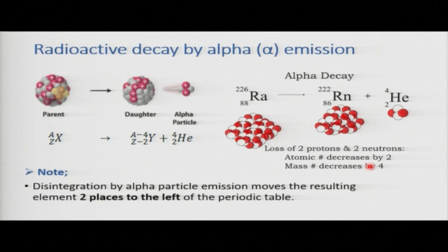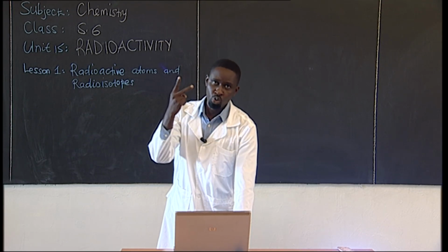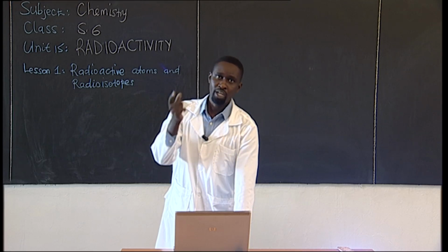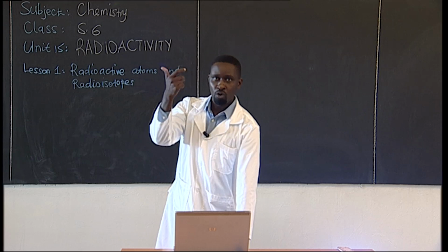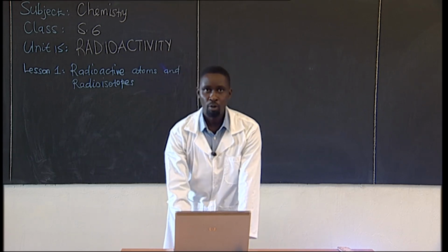So what do you notice? The atomic mass decreases by 4, atomic number decreases by 2. If you have any alpha emission, using this example, the daughter atom will have an atomic number which is 2 less compared to the parent atom, and it will have a mass number which is 4 units less compared to the parent.